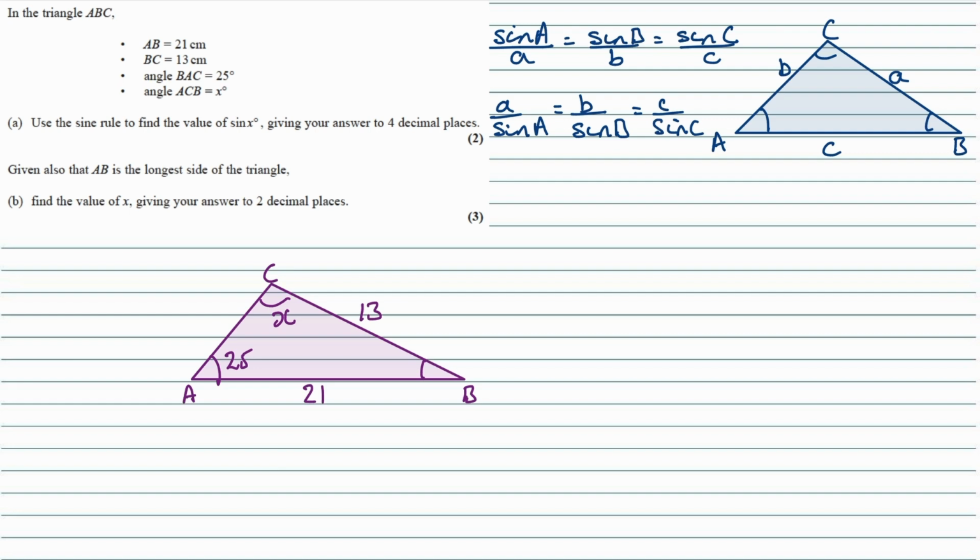So we need to identify an opposite side and angle, which is this one and this one. And because we want to work out an unknown angle, we'll have the sines on top. We'll use this equation here. So the sine of angle A, which is 25 degrees, over the opposite length, which is 13, is equal to the sine of angle C, which is X, over its opposite length, which is 21.